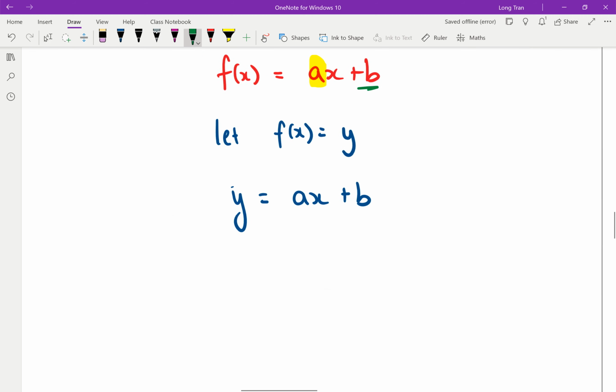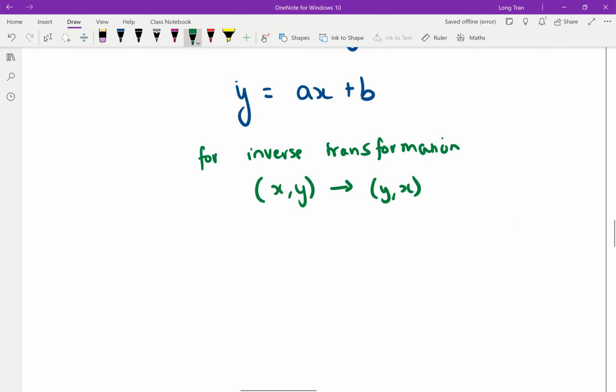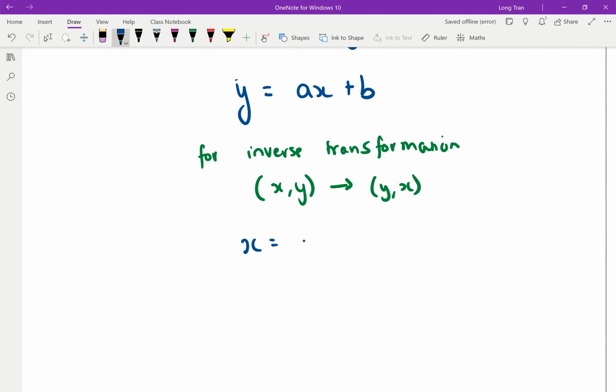for the inverse transformation, you could just say x, y becomes y, x. This now swaps the x and y, and you get x is equal to a times y plus b.